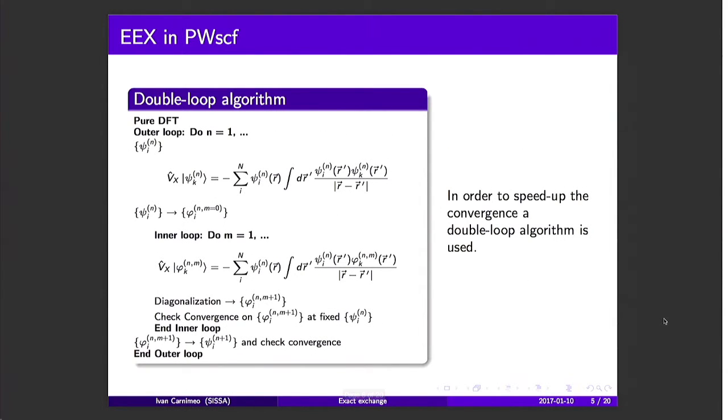We have to say that since the diagonalization procedure is made iteratively by using some Davidson algorithm, we also have to evaluate the action of the exchange operator on the residue of the Davidson algorithm.